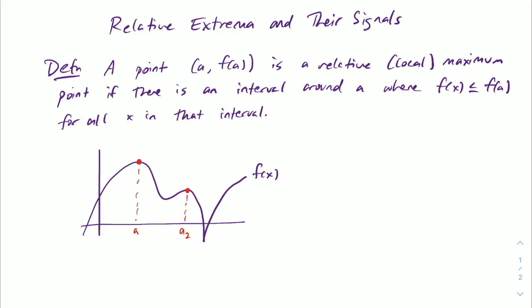The reason that these are relative or local maximums is there are intervals around the x values, the a's, such that if you take any x in this interval, the output at x is less than the output at a. So these are both relative maximums by definition.